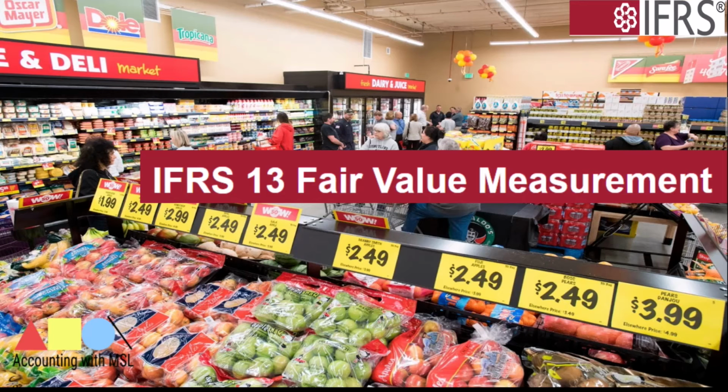There are several other disclosure requirements provided for by the standard, but at the minimum, you need to let your users know the level of observable inputs you used and the level of unobservable inputs you used and the effect the unobservable inputs will have on your profit or loss and other comprehensive income, and then which valuation techniques you applied and the input you use in arriving at your fair value measurement.